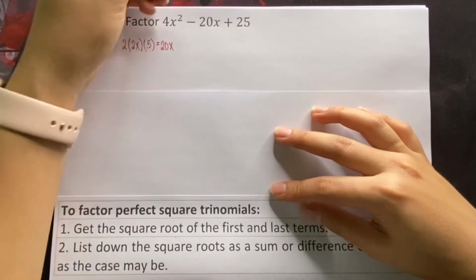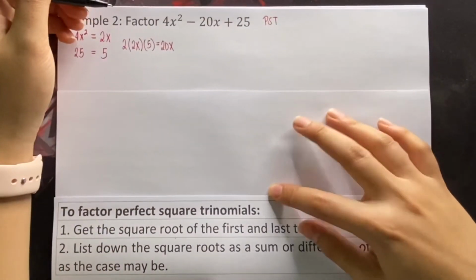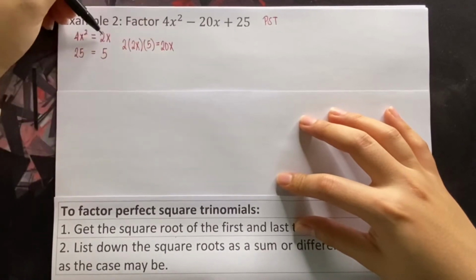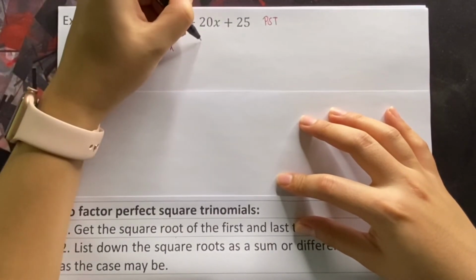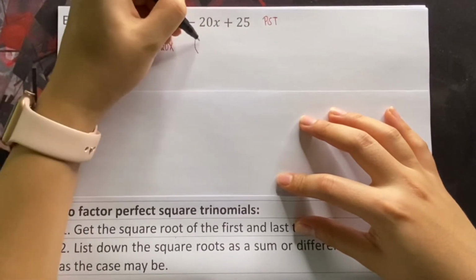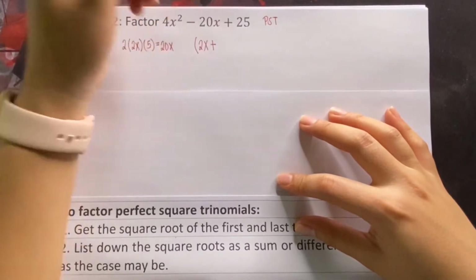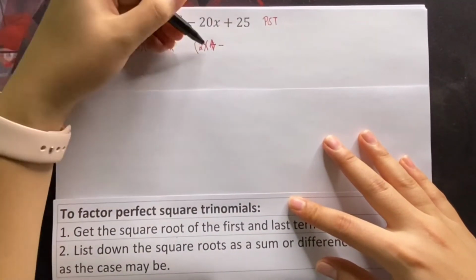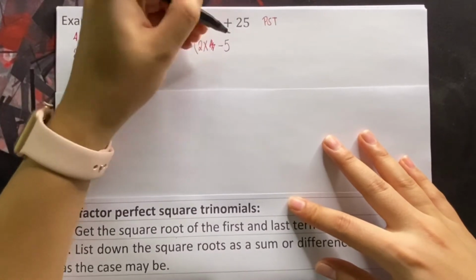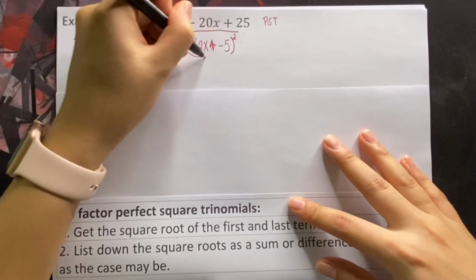So, nag-satisfy siya. PST siya. Factor na natin. Ang square root ng 4x squared ay 2x. Ang square root ng 25 ay 5. So, ang answer natin ay 2x plus, correction, this is minus. 2x minus 5 raised to 2. That is the answer.